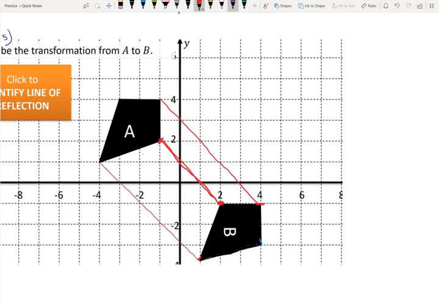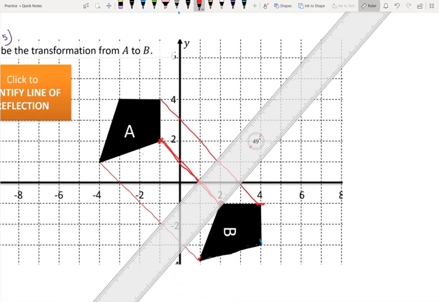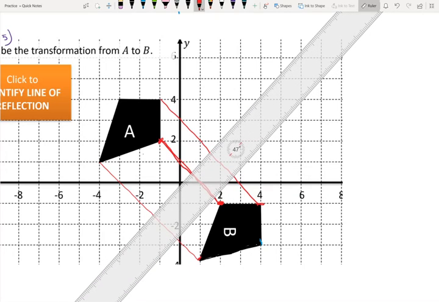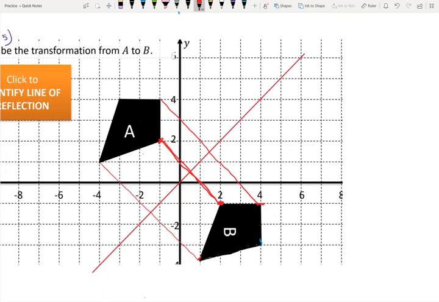So if you take the midpoint of these segments, you would connect the midpoints together and you would get the line with respect to which you have reflected shape A onto shape B, and this line has an equation y equals x.